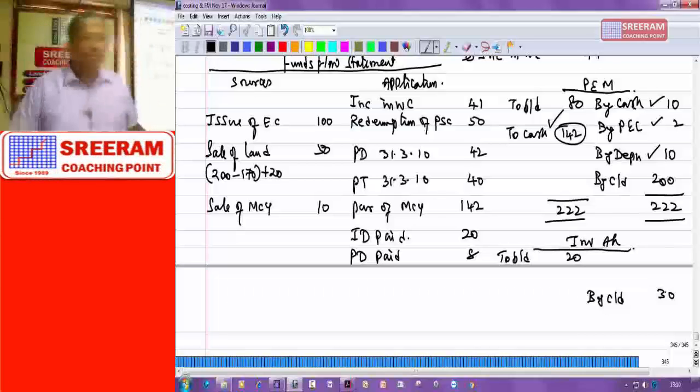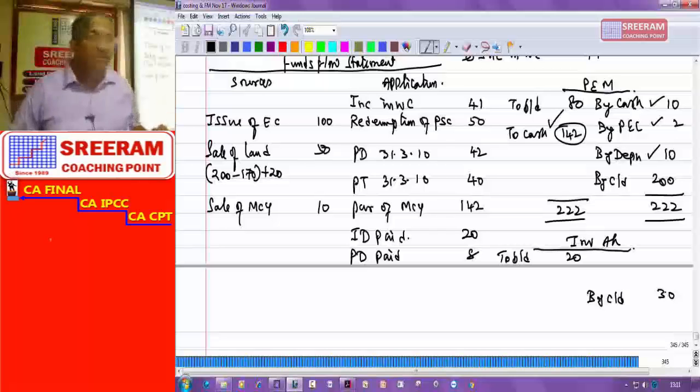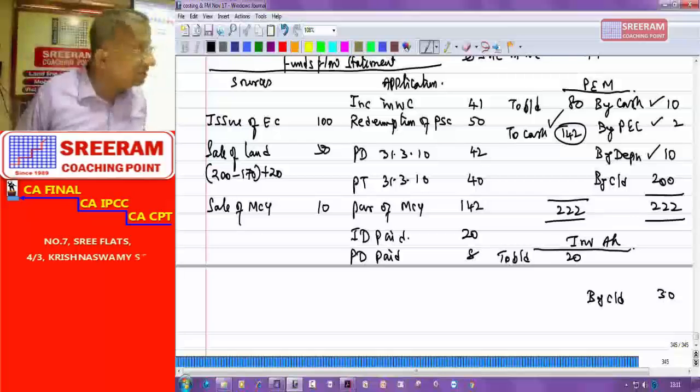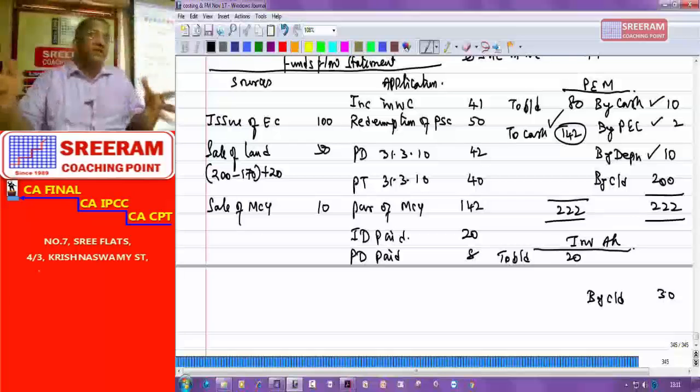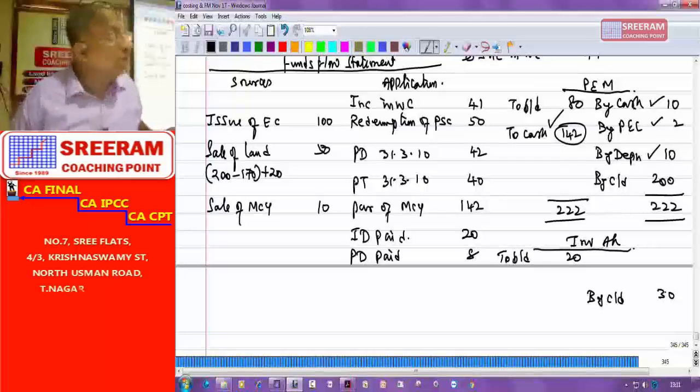Yes, I know that. Investments account is included in advanced accounting. Correct, no? Group 1 la varudhu. I think Mani sir had handled that before. But I will do now. So, there is a discussion that we have got to make. What is the discussion we have got to make?